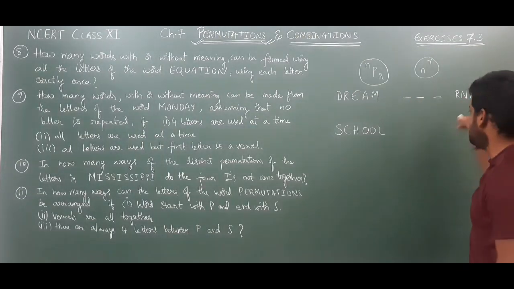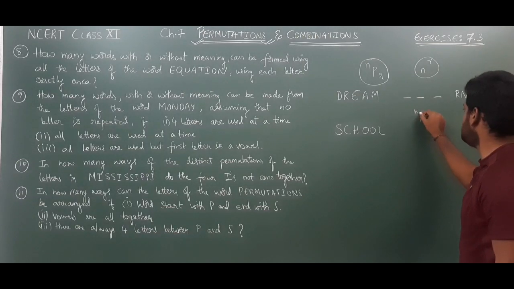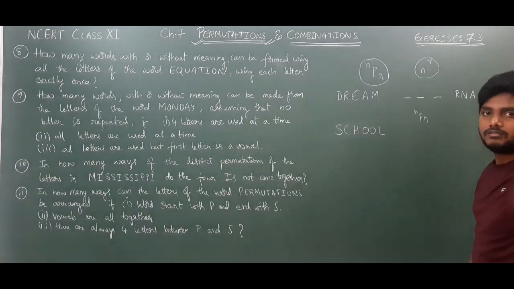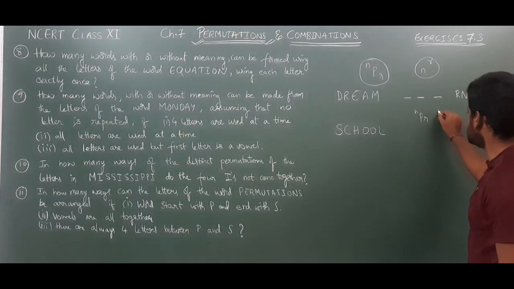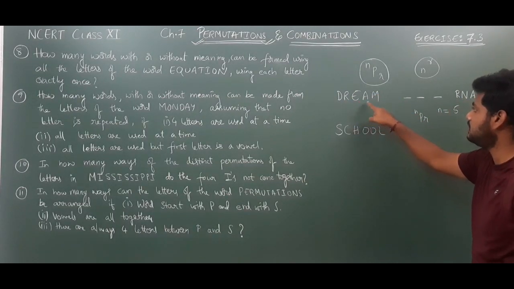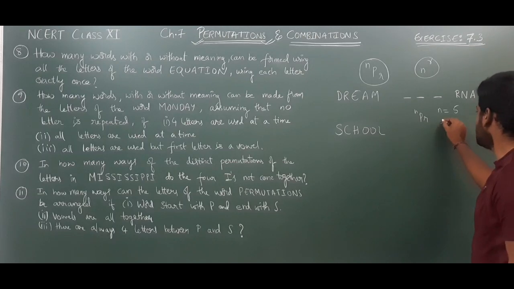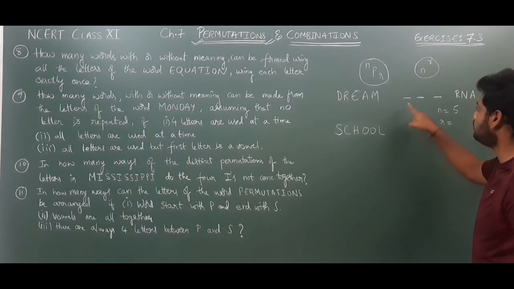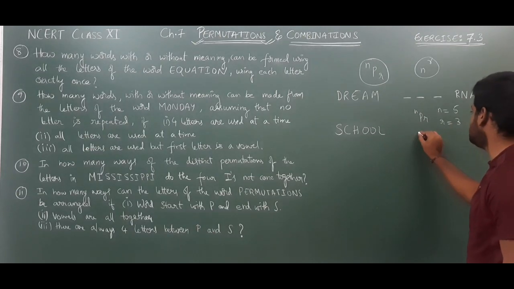In that case, we will use nPr. What does nPr mean? n represents the number of letters available: 1, 2, 3, 4, 5. r represents how many we need to form: 1, 2, 3. So n value 5, r value 3. So it will become 5P3.